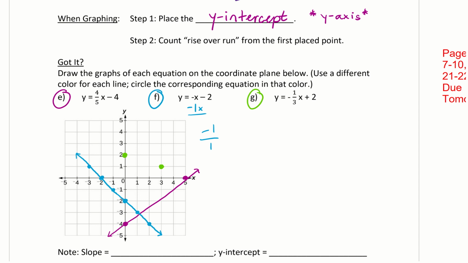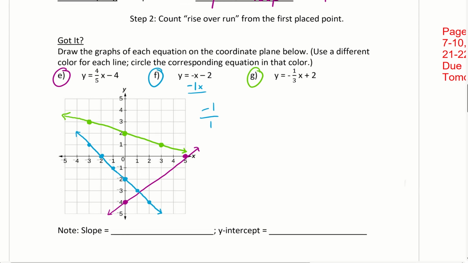And instead of going right 3, you're going to go left 3. So you should end up right here. Notice that makes a straight line with my other 2 points. I'm going to draw that line. And that's my line for the equation on G. Okay. That is it for graphing.